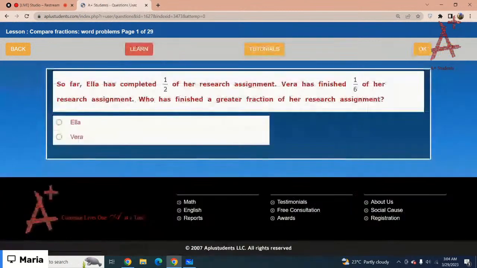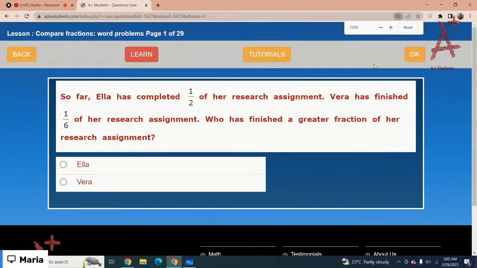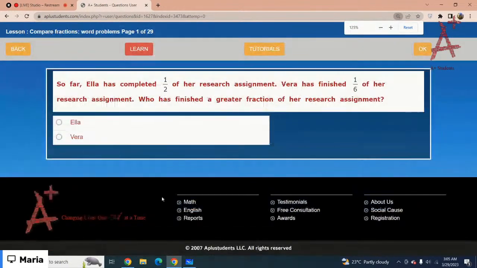You can have a look at the tutorial by yourself later today. Okay, so far Ella has completed one half of her research assignment. Veera has finished 1/6 of her research assignment. Who has finished a greater fraction of her research assignment? So Ella completed half and Veera did 1/6.